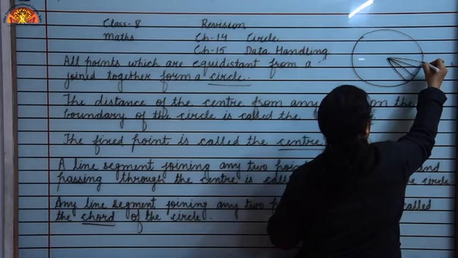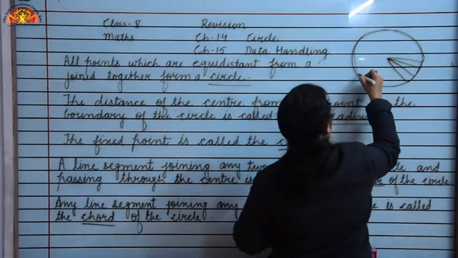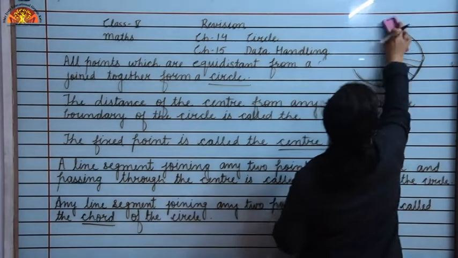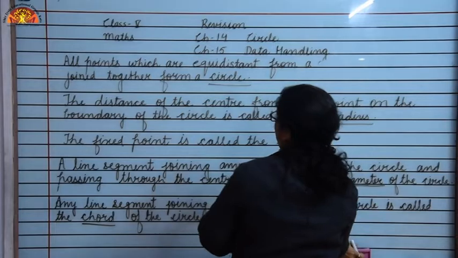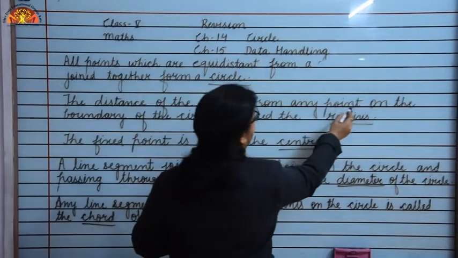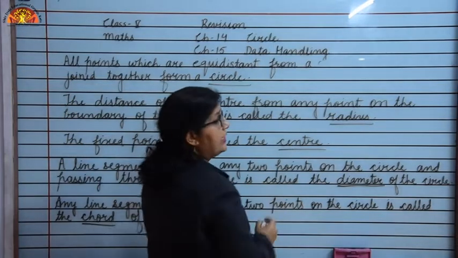When we join these points, it makes a circle. So this is the circle, and a circle is a closed figure, and the distance of the center from any point on the boundary of the circle is called the radius.